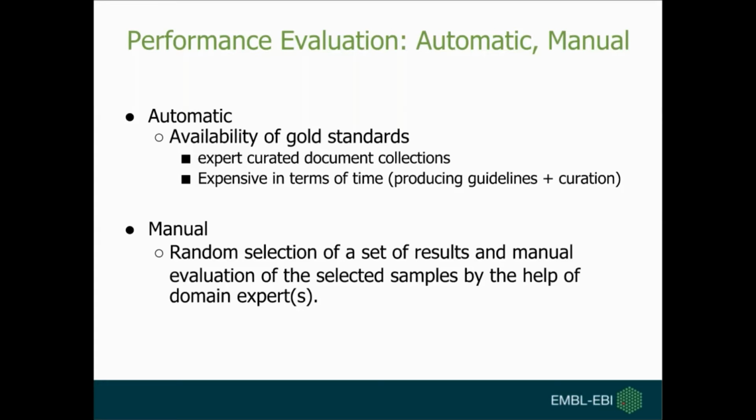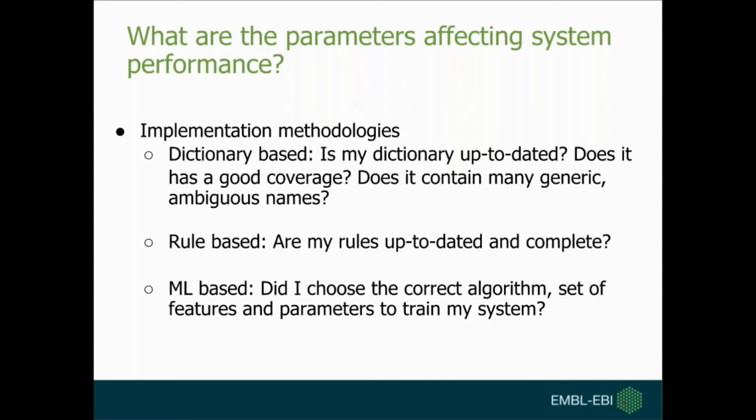Manual performance evaluation is applied in such cases, which involves random selection of a sample result set and hand curation by domain experts. In order to design a good performing system, for a dictionary-based approach, we should use a high coverage, up-to-date resource.